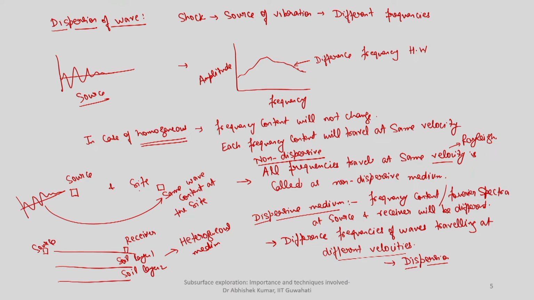This characteristic is called dispersive characteristic, and it is an indication that the medium is not homogeneous, or rather that it is a heterogeneous medium. This characteristic is seen in Rayleigh waves, and it is an indication of heterogeneity present in the medium.